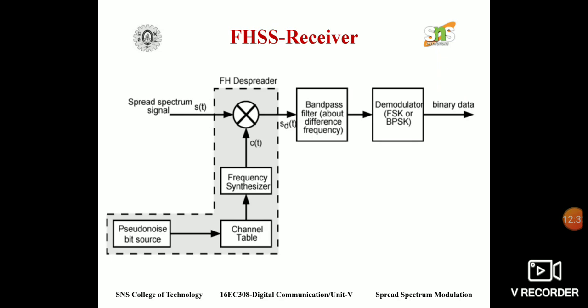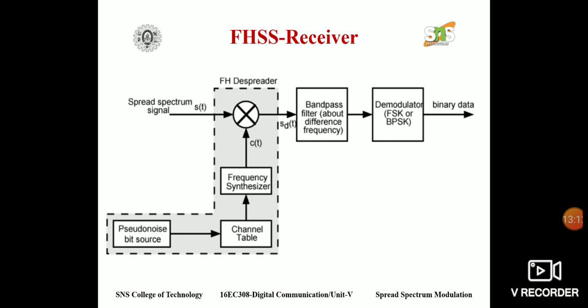The spread spectrum signal transmitted at the transmitter end is given to the receiver. Here also the same concepts apply. s(t) is given to the frequency hopping despreader, and the other input to the despreader is the pseudo noise generator, as on the transmitter side. Before the communication, both generators should be synchronized. The output of the FH despreader, c(t) and s(t), is multiplied, giving sd(t), which is given to the band pass filter.